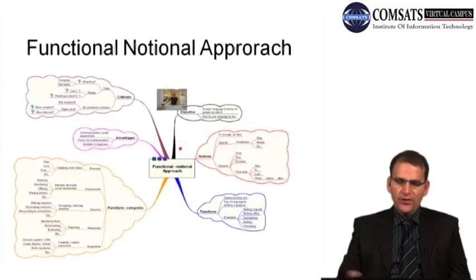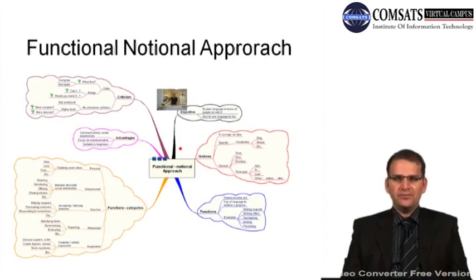And this might help you. This is Wilkins' functional notional approach. You see on this side, there are objectives, notions, and functions. Clear? So we call it the functional notional approach. In function you can see, student, for example, communicative act, use of language to achieve a purpose.